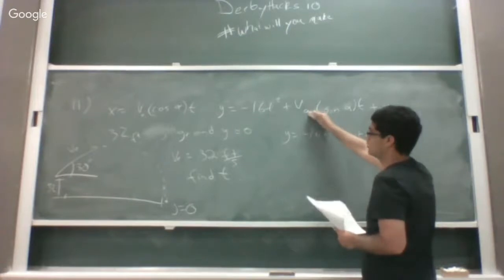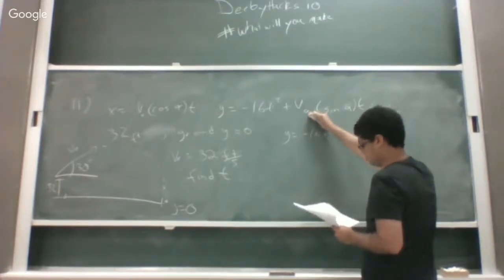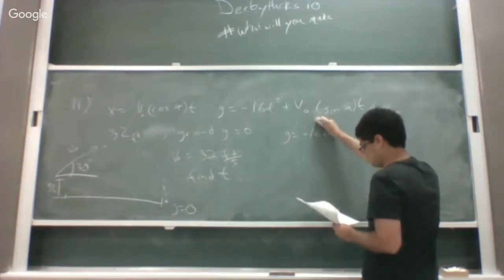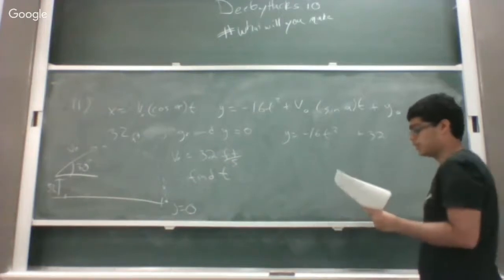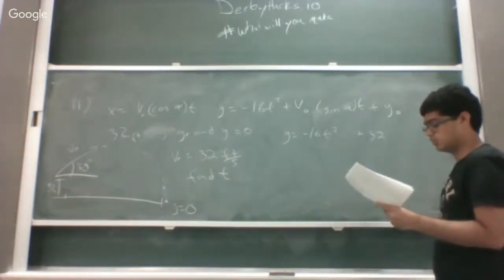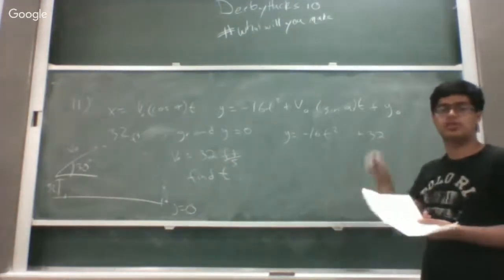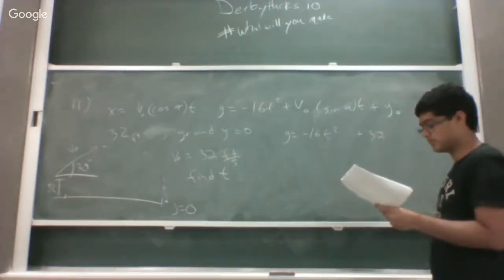They gave us 32 for 2 different things, 32 feet up and the initial velocity.